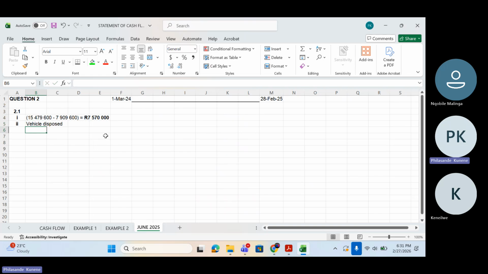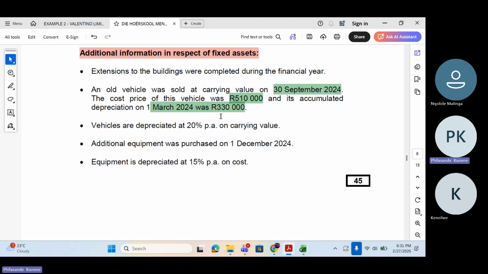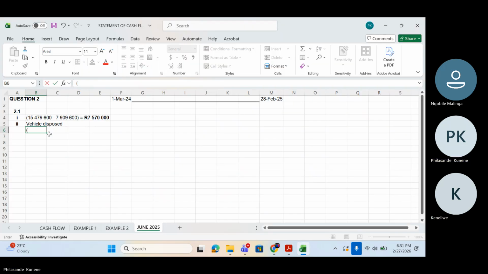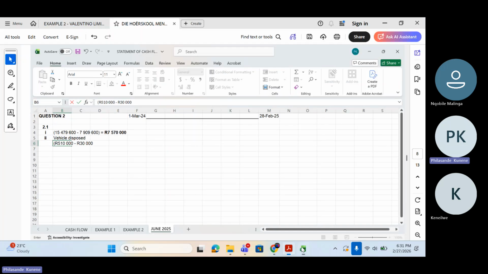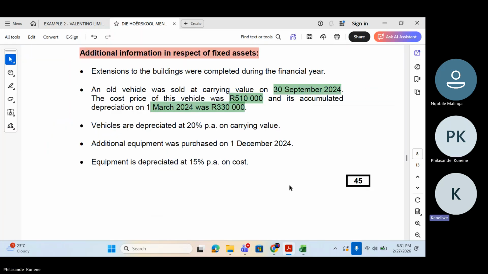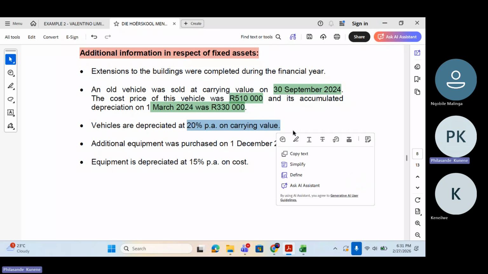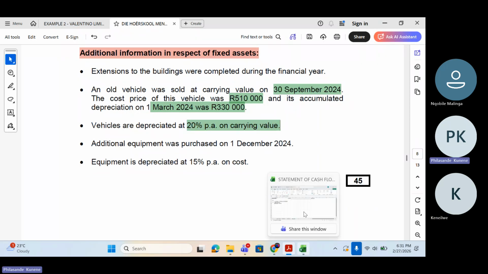We subtract the accumulated depreciation from the cost, which means 510 minus 330,000 rands. And then what do I do after that? Then you multiply the amounts by 20%. By 20%, exactly.